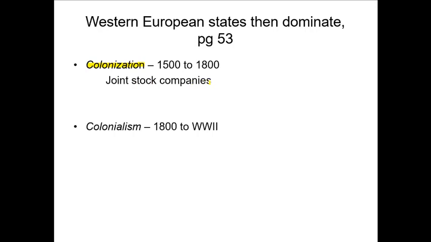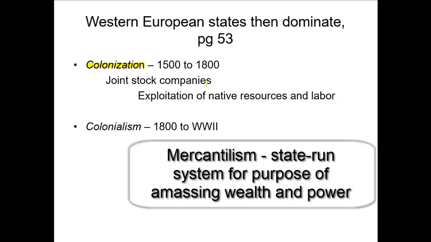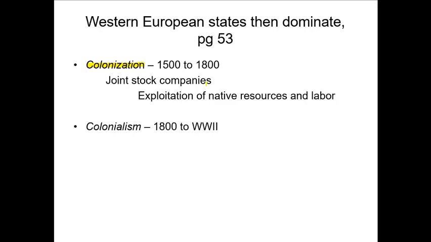So what these new Western states were doing was delegating these joint stock companies to go out and extract the resources that they needed to become wealthy and utilize their labor, perhaps even forced labor or very cheap labor of the natives in these regions in order to extract these resources of minerals and spices and gold and silver, to support the concept of mercantilism, which we'll talk about more later, which literally is a state-run economic system that is driven to create wealth for the state, particularly in terms of gold and silver and luxury products, sugar, spices, and silk and things like that.